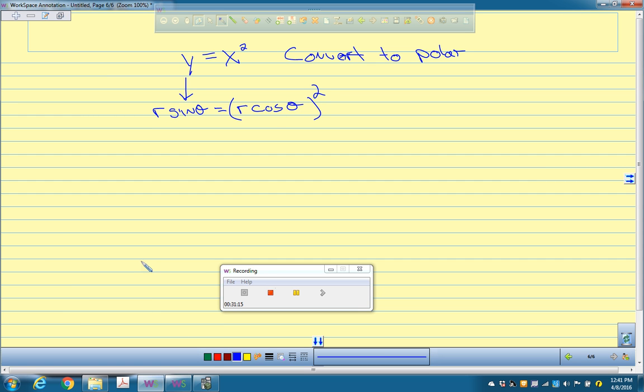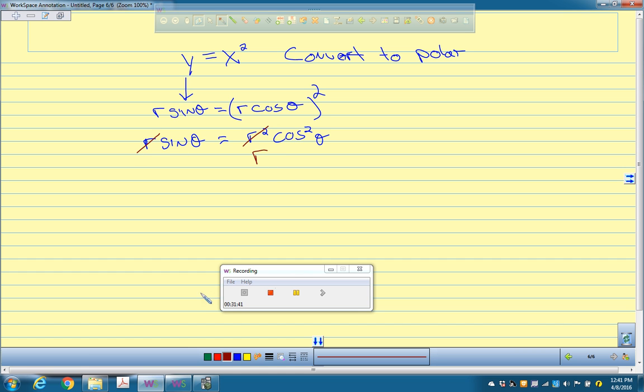But you probably want to simplify that a little bit. So this is r sine theta equals r squared cos squared theta. What can I cancel out from those two things? An r, right? So you could get rid of an r, okay?